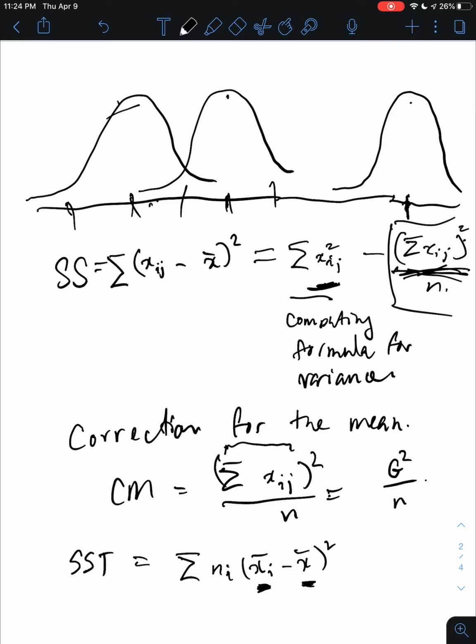So this gives a kind of variation, or deviation, I should say, with respect to which treatment we're looking at. So as i varies, this moves from one treatment to the next. We are weighting those measurements by the size of the pool, the sample size, and we're just adding those things up. And that thing is altogether called SST.